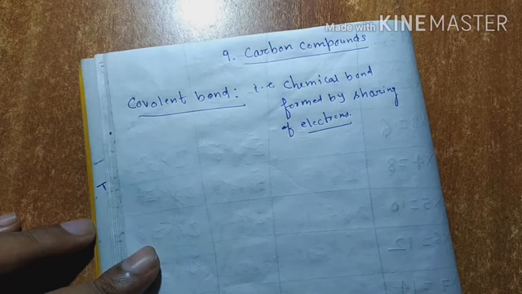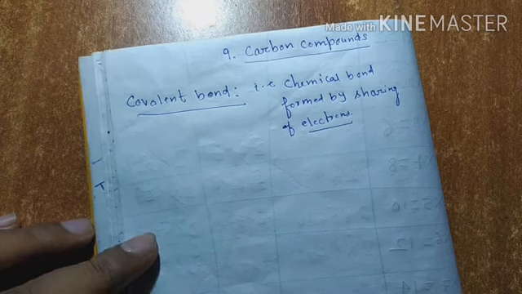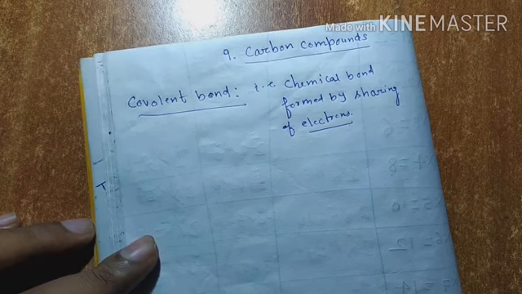So this chapter comes in the organic chemistry part, because in the previous lecture I taught you chemistry is divided into three parts: physical chemistry, organic chemistry, and inorganic chemistry.